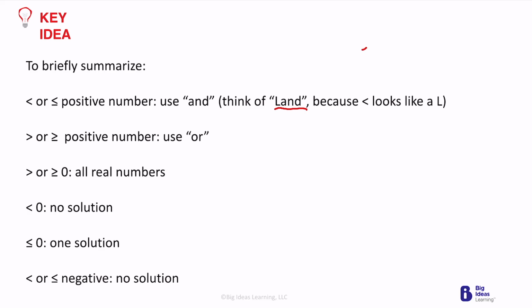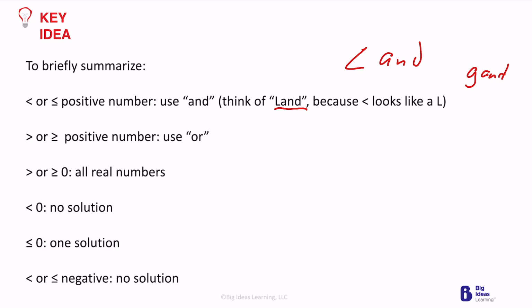So the word land, because the word gand wouldn't make any sense. Why would you have greater than be an and? Gand doesn't make sense. Land makes sense. So less than is and. If you have greater than or greater than or equal to a positive number, that's or.